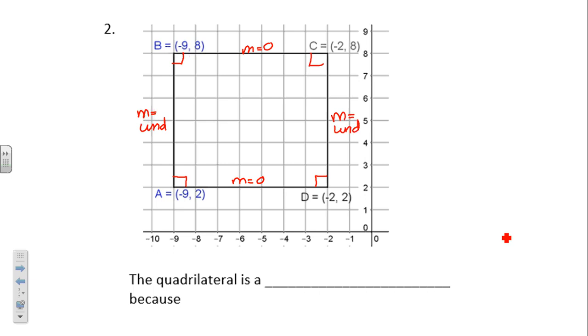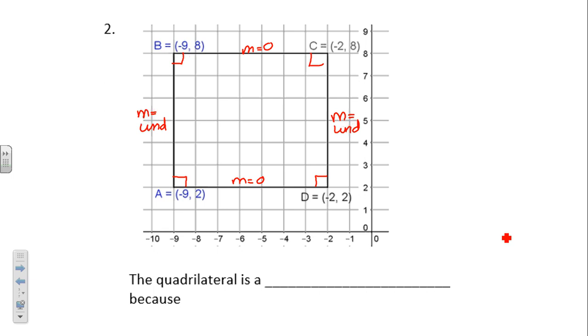Even Shaun White wouldn't try to ski down something like that. Okay, undefined. Vertical has undefined slope. Horizontal has 0 slope. We're trying to do lots of rise and 0 run. We can never divide by 0.